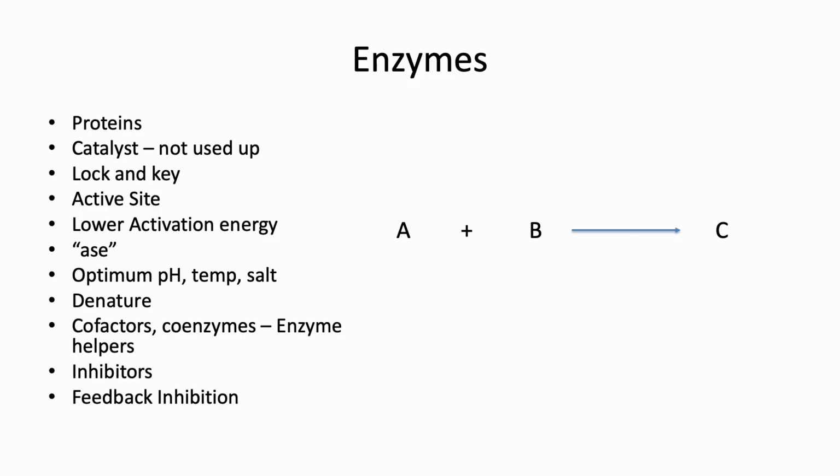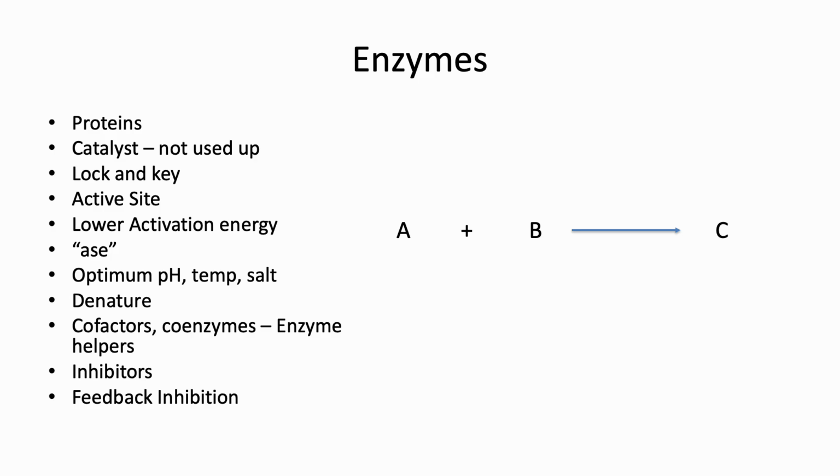A protein's three-dimensional shape is very important to its function. So if the conditions are too far outside of the optimal range, it may cause the protein to fold incorrectly or become misshapen. In that case, we call that denatured, and it no longer can carry out its function.